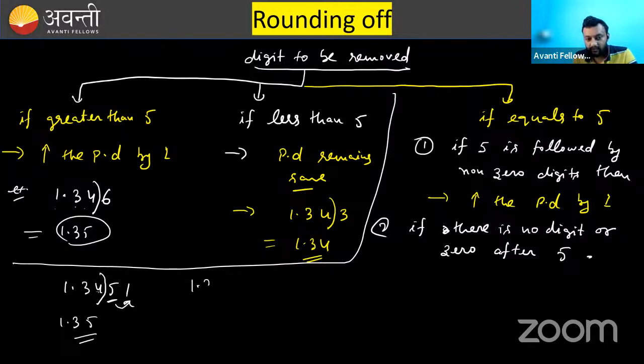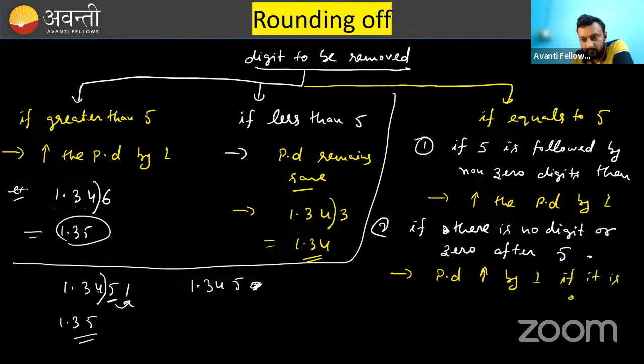The second condition is that 5 is followed by either 0 or no digit. In that situation, what will happen? Now, there are two possibilities. The preceding digit increases by 1 if it is odd and remains the same if it is even.